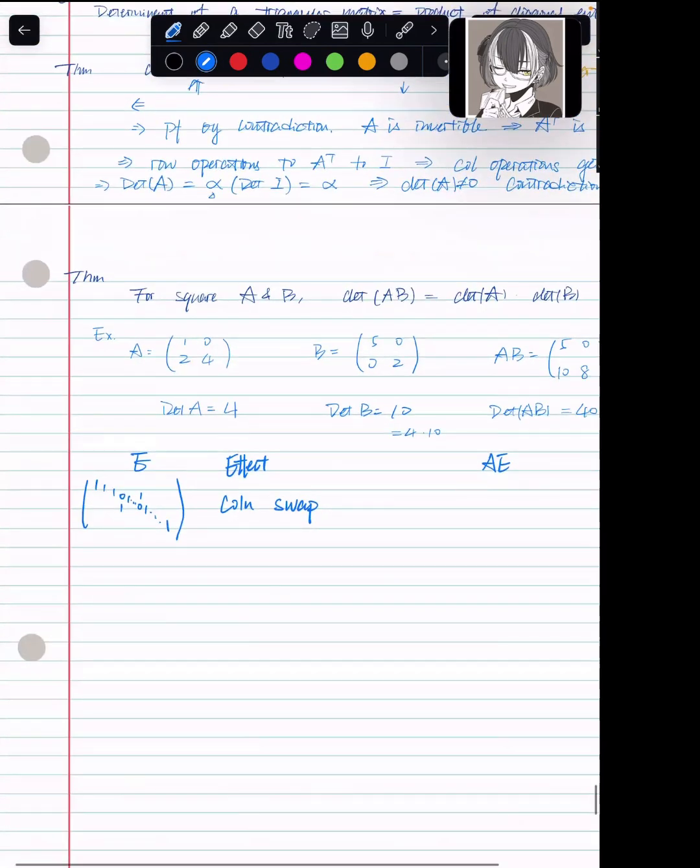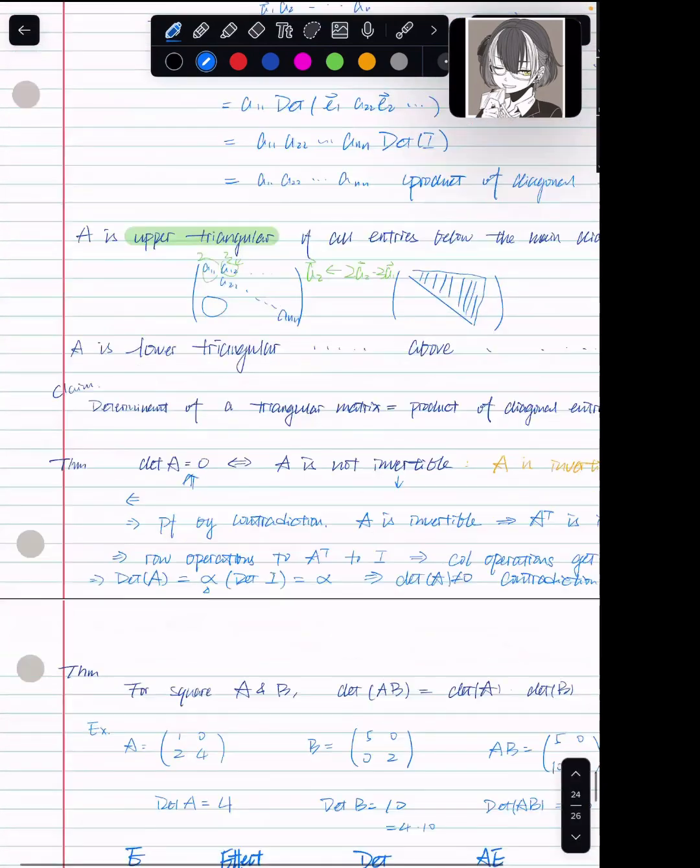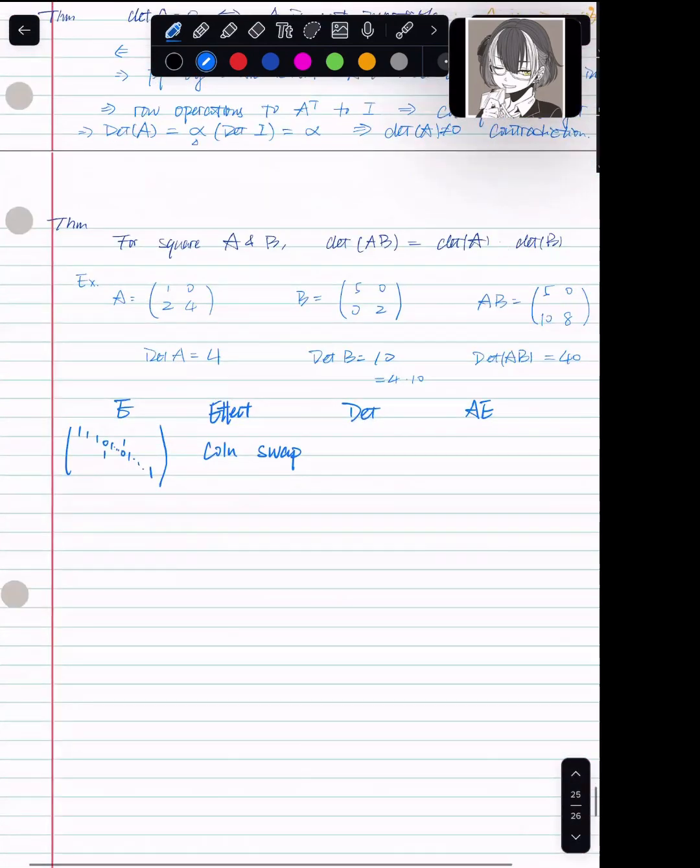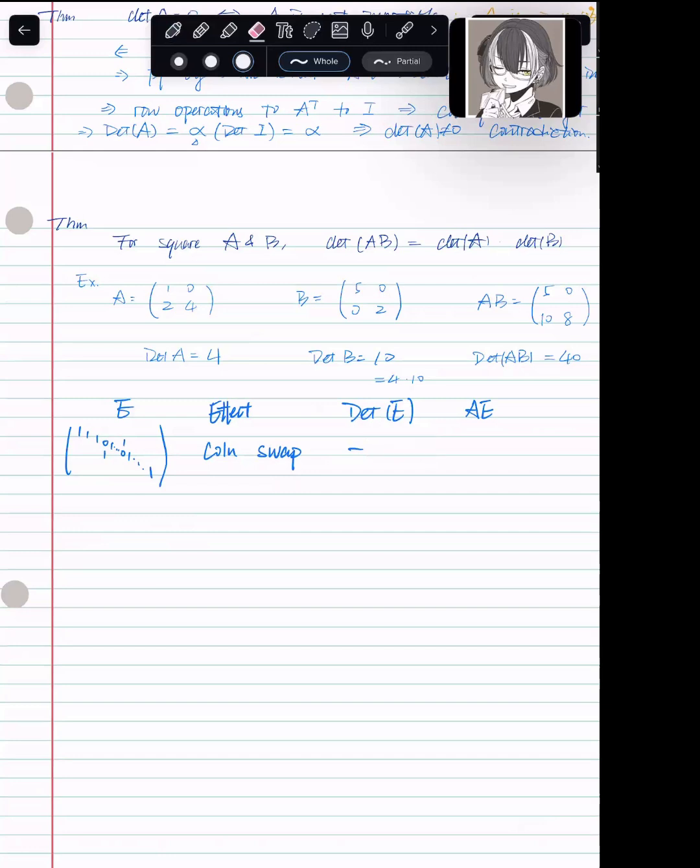And we know that the determinant of an identity matrix with just one column swap is the negative of the original determinant. So the determinant of E is the negative of the determinant of I, and we know the determinant of I is just 1. So the determinant of E is -1.